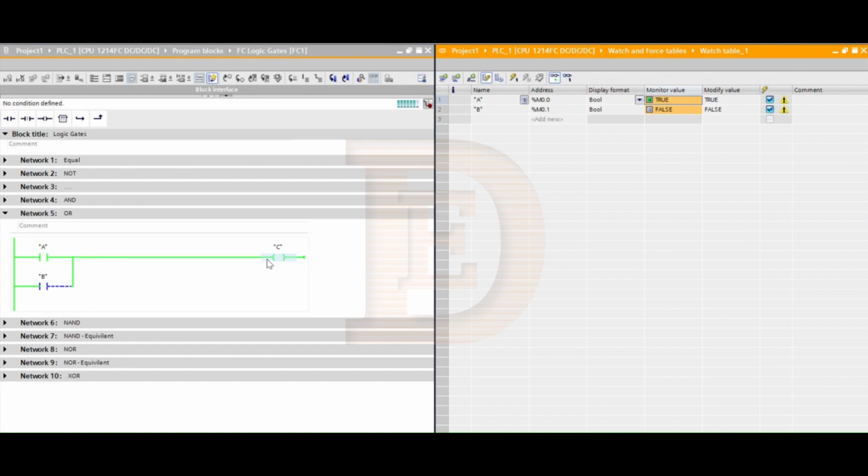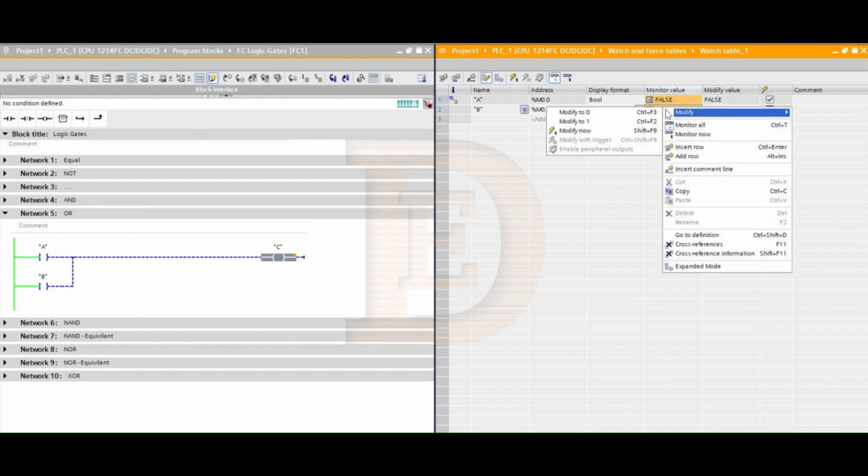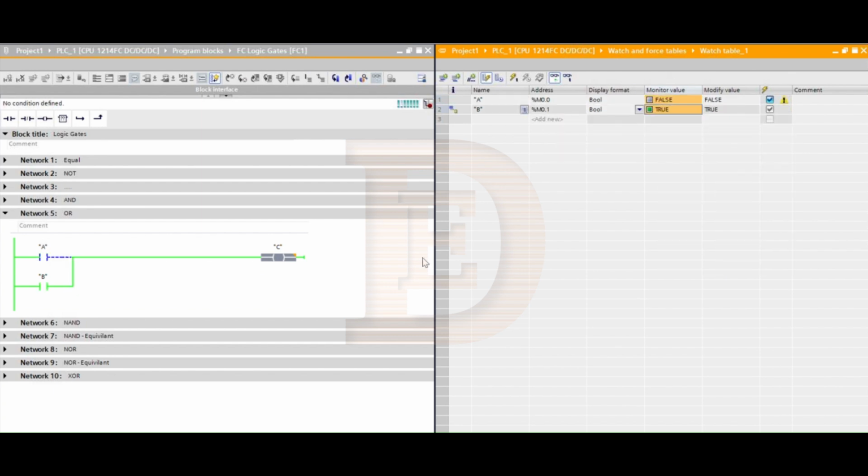So if A is on, C is on. I turn A off, I turn B on, C is on. If they're both on, regardless, the signal is traveling through to turn on C. So this is why we're saying the OR gate, and the truth table of the OR gate, we say that C is on when either A or B is on.